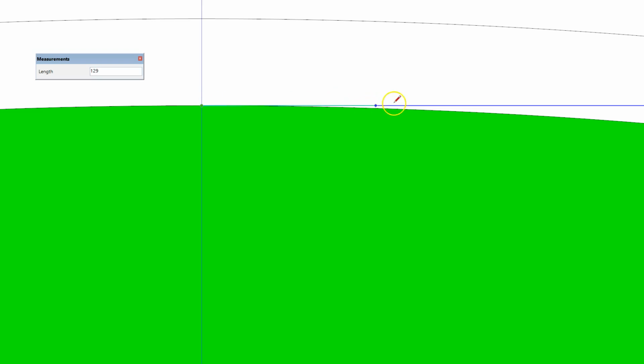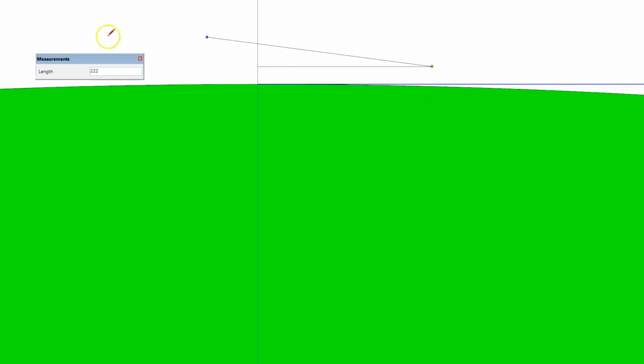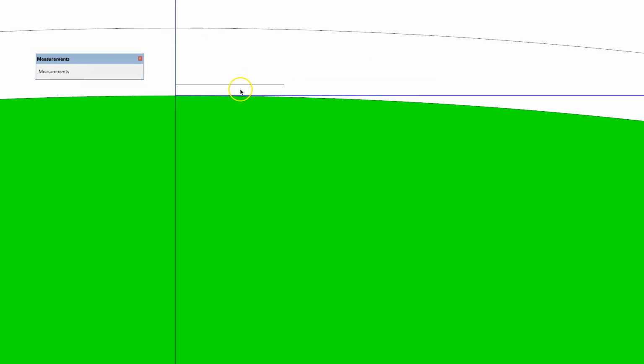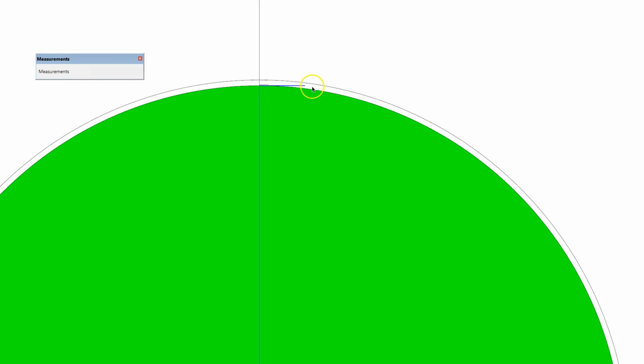So I'll go up a little bit first, say 10 miles, and come out this way 100 miles. Now you can see this represents 100 miles, this represents 500 miles, and overall it looks like this.